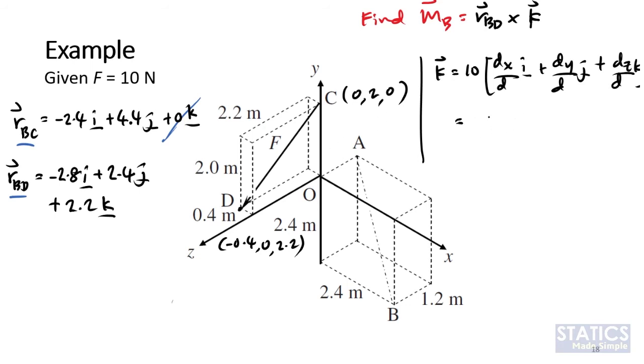So dx, since we are starting from C to D, will be equal to minus 0.4.